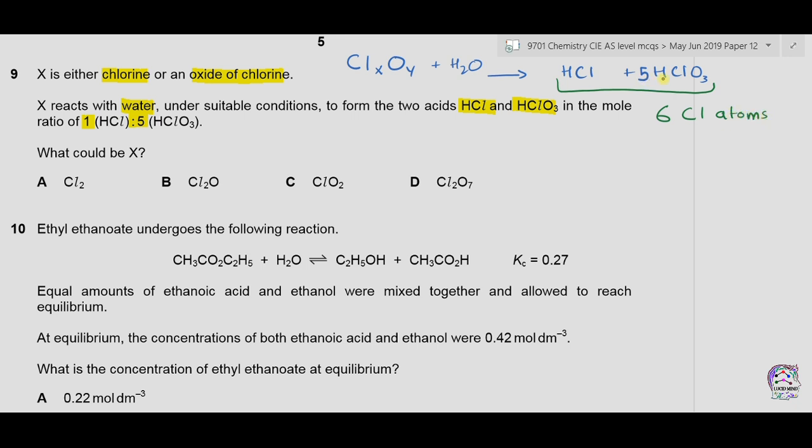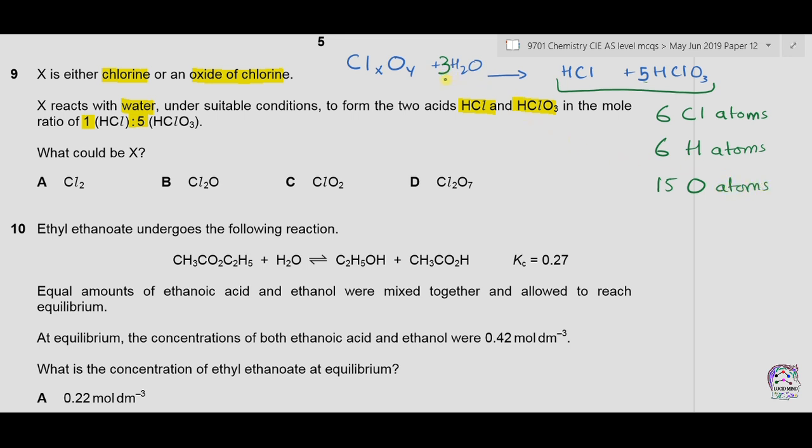Now looking at the number of hydrogen atoms, we have 5 hydrogen atoms in HClO3 and 1 hydrogen atom in HCl. So in total we have 6 hydrogen atoms. Now balancing the number of hydrogen atoms with the reactants, we can write 3 with H2O to form 6 hydrogen atoms. Now looking at the number of oxygen atoms, we have 0 oxygen atoms in HCl and 15 oxygen atoms in HClO3. So we have 15 oxygen atoms in products.